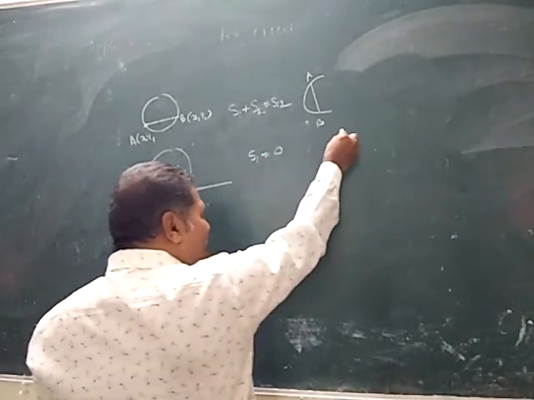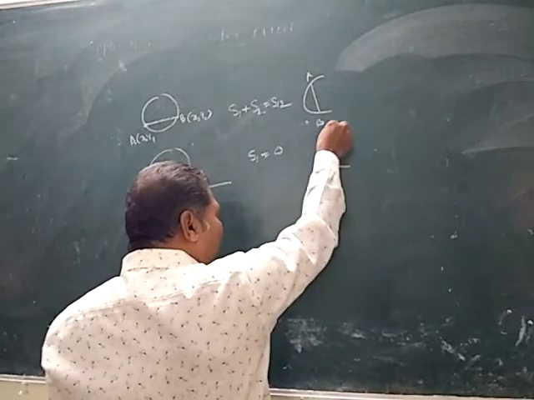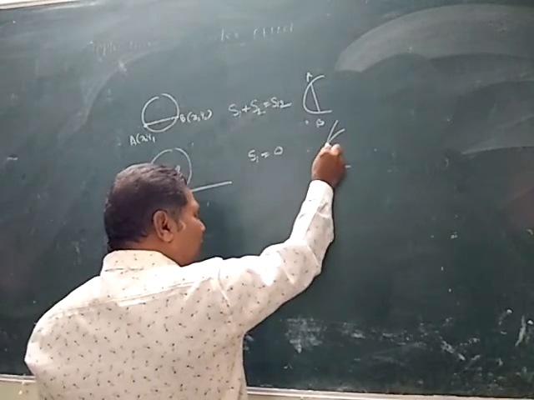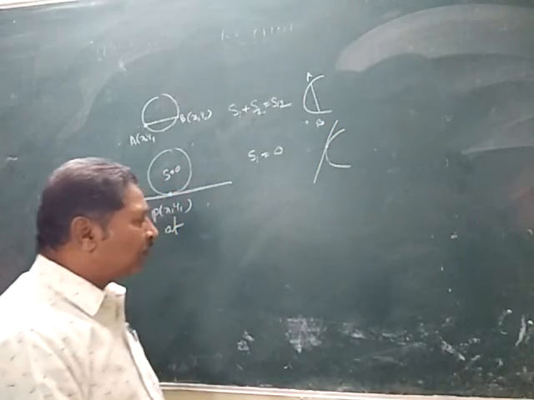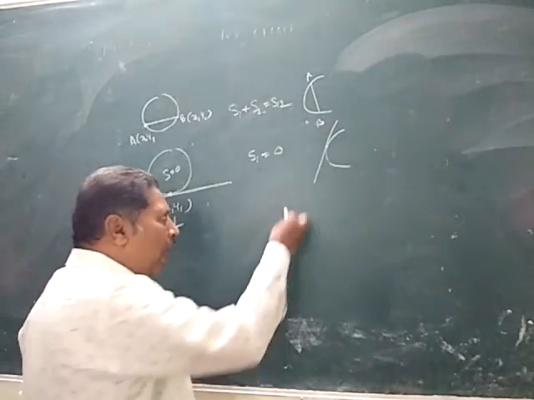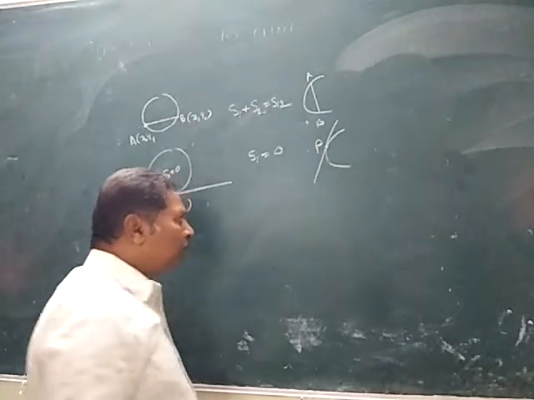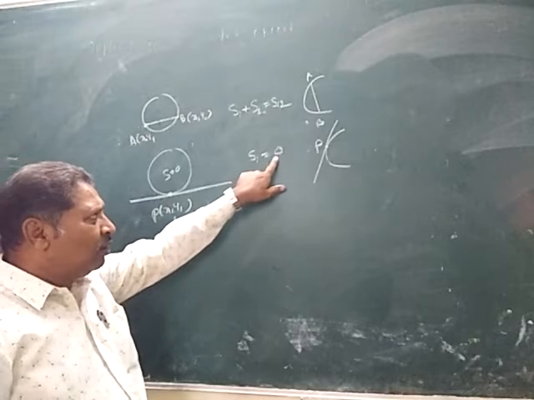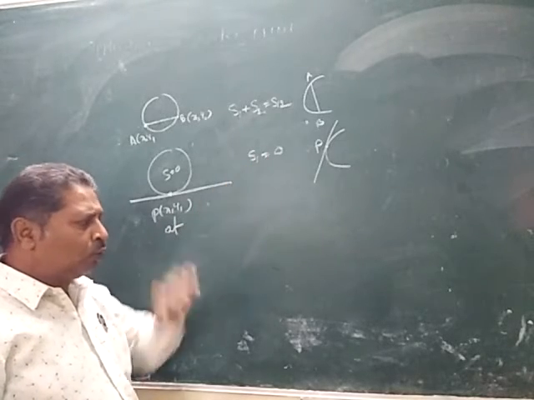Similarly, in the parabola, equation of the tangent to this parabola at the point P is S1 equal to 0.